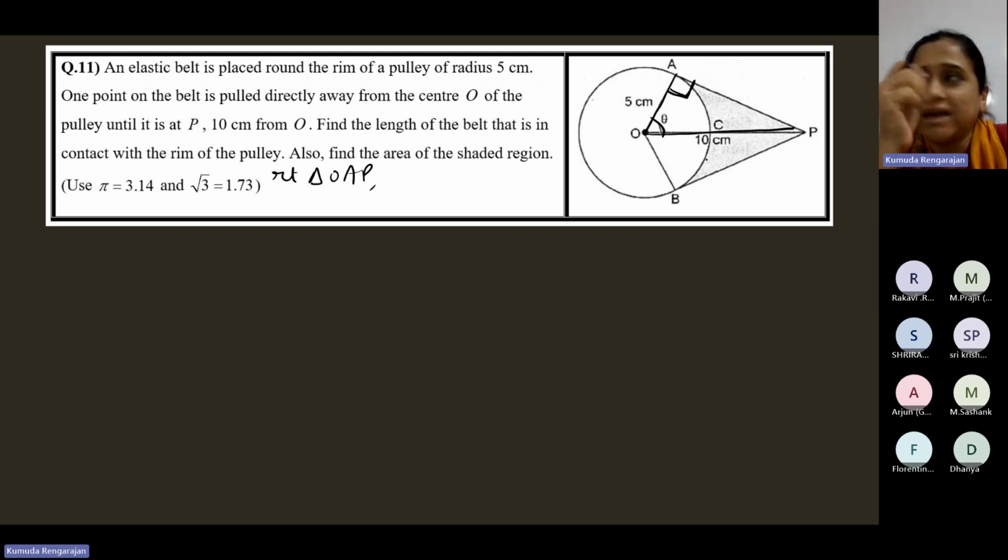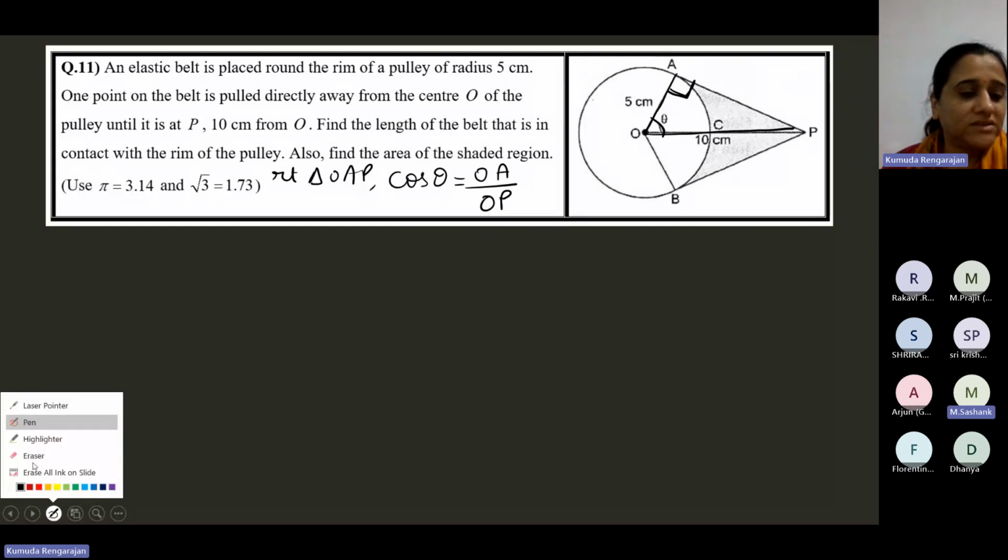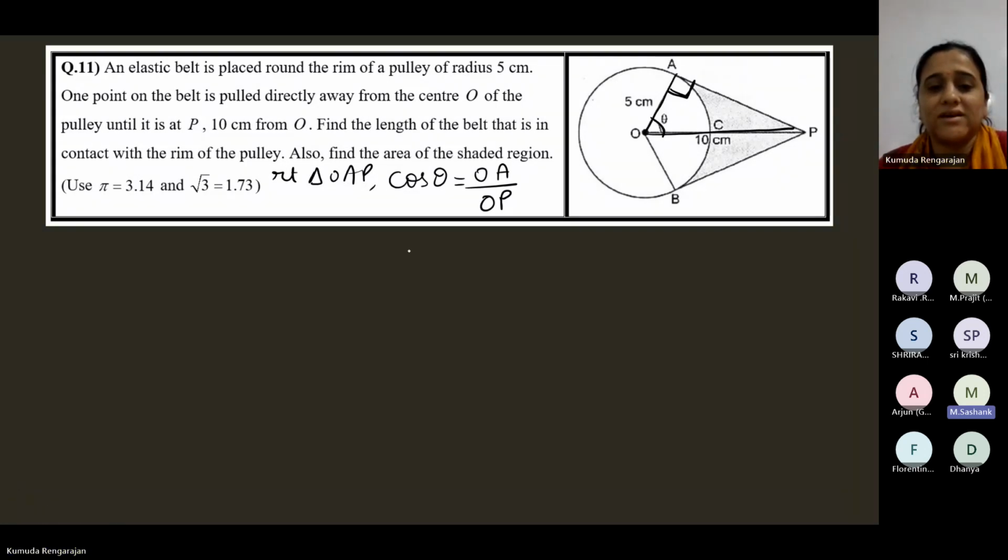Adjacent by hypotenuse is sine or cos or tan? Cos. Cos theta is equal to adjacent OA by hypotenuse OP. So cos theta is 5 by 10, 1 by 2, which is equal to cos 60. Angle is 60 degrees, okay, very good.